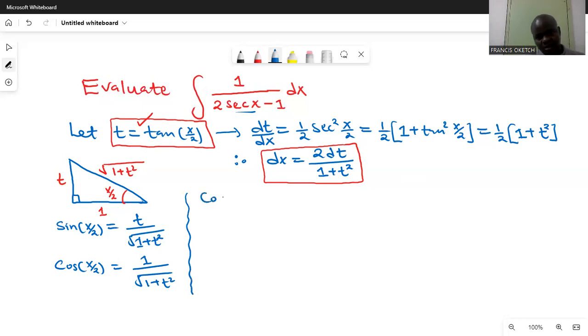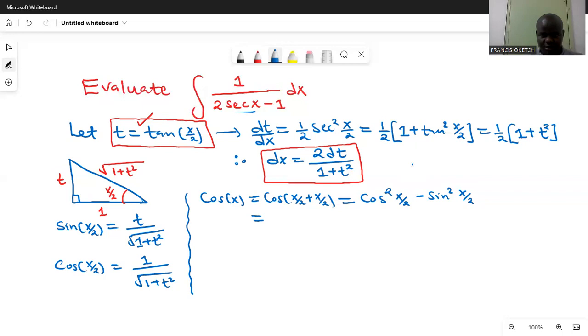So cosine of x is the same as cosine of x over 2 plus x over 2. That's cos a plus b, where a is equals to b. So this will give us cos squared of x over 2 minus sine squared of x over 2. And we know those in terms of t.